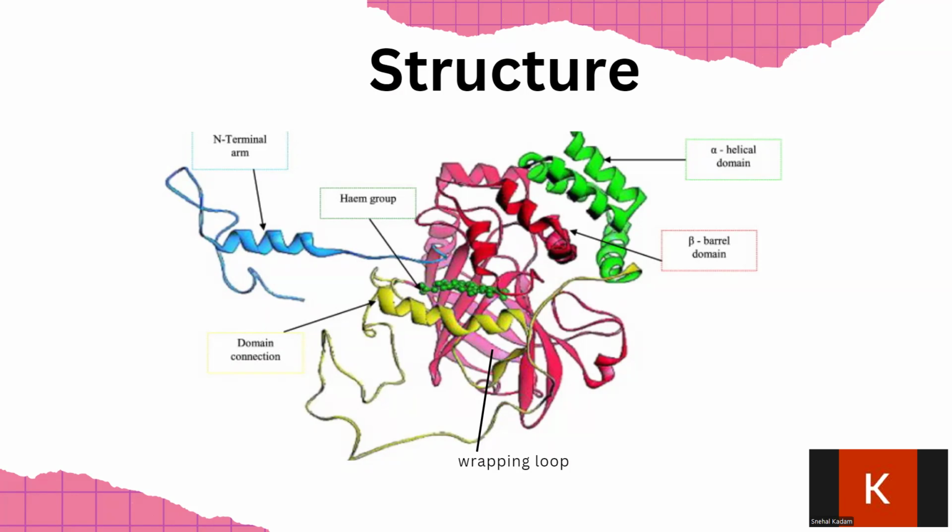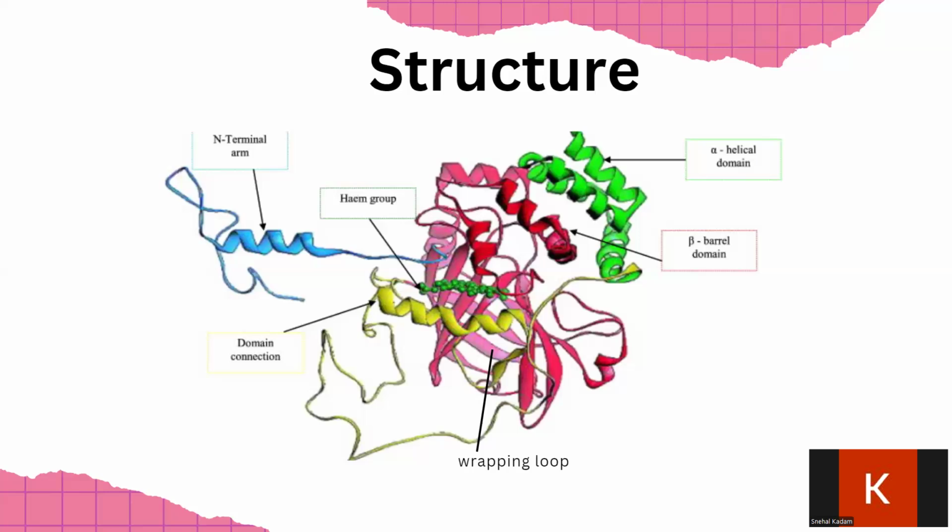Then there are the alpha helical domain and the beta barrel domain, which is the central feature of catalase. It contains eight standard antiparallel beta strands with six alpha helices. It forms a cavity inside which sits the heme group.